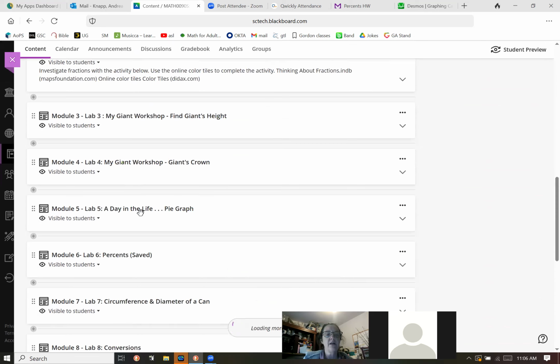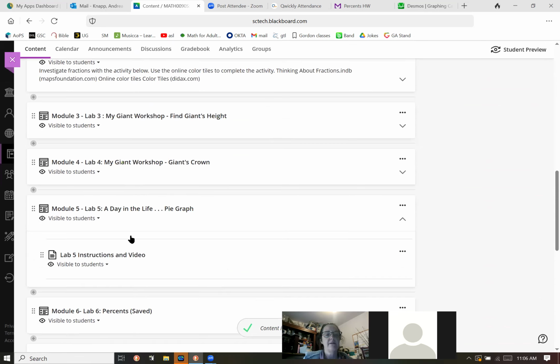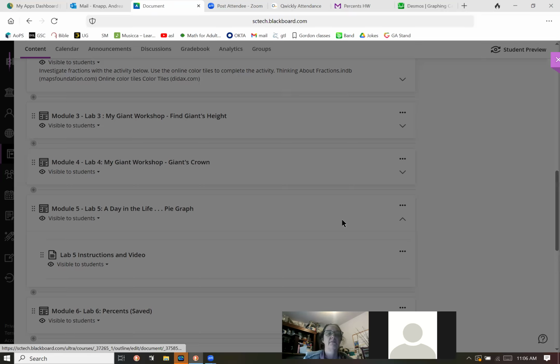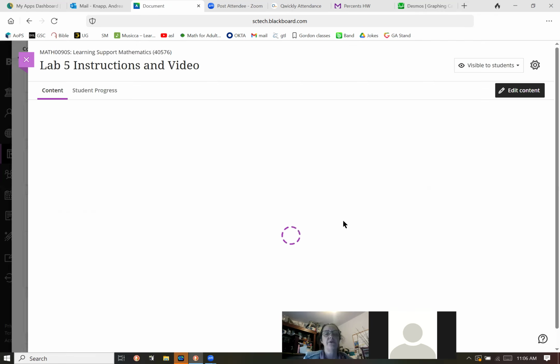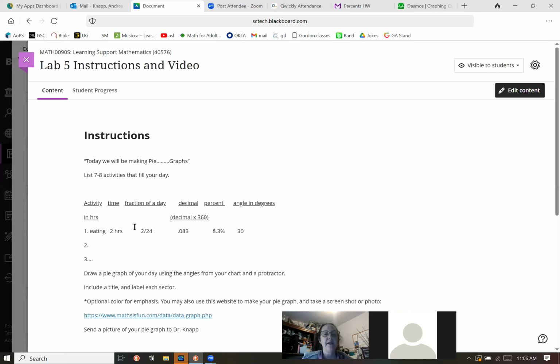Here's our Lab 5. So the first thing that we'll do is just make this table right here. Start by writing down the categories of what you do in a typical day.